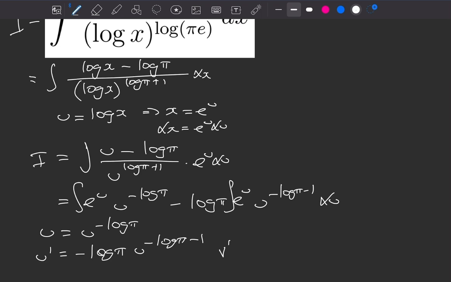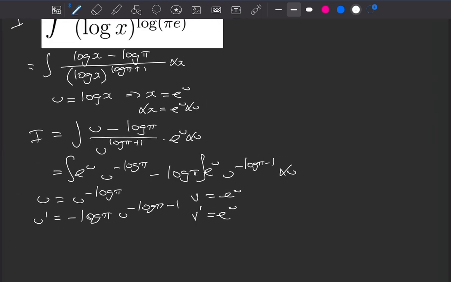The bit to integrate, we'll have as e to the u. When we integrate that, we'll get e to the u. So we can stick this all together. This integral will just come with us for a sec. We're not going to do anything with that. So our original integral is equal to uv, e to the u multiplied by u to the minus log pi, and then minus the integral of u dash v. So the minus and the minus will make a plus.